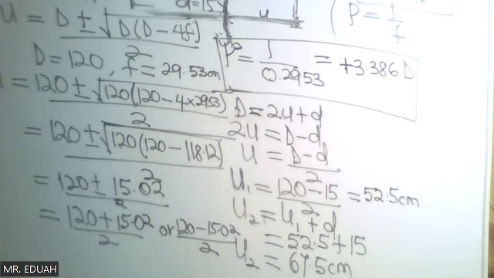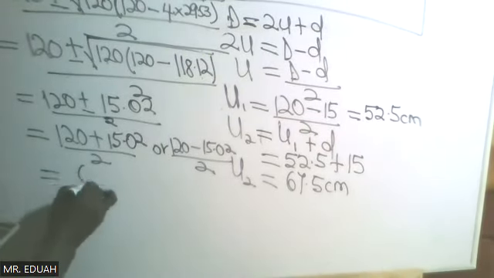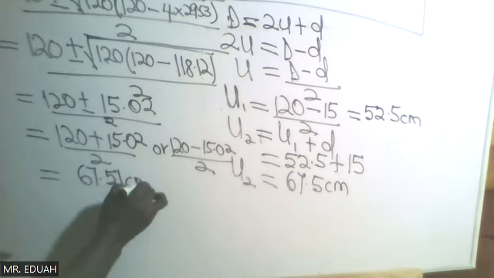If you take 120 plus 15.02, divided by 2, you have 67.51 centimeters.